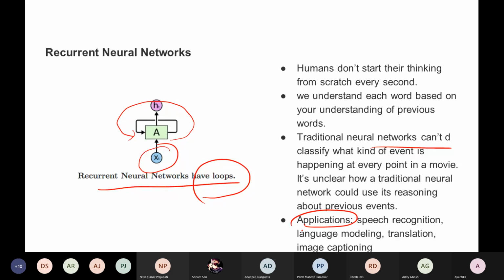So from your previous experience, from this slide, you are predicting your upcoming slides. In these types of predictions, the recurrent neural network, RNN, will be meaningful.